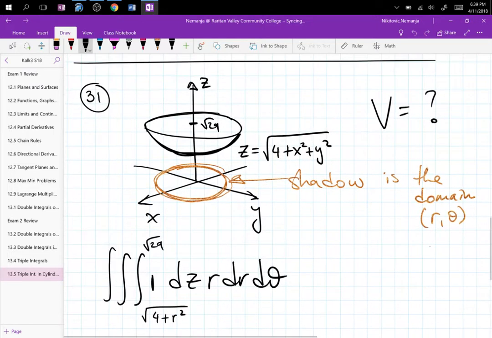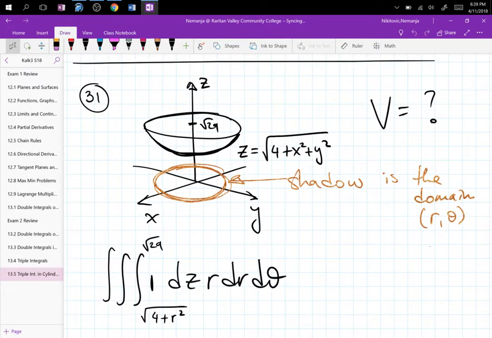Now the next order of business is to figure out the domain. In order for me to do that, I need to know the equation of that circle. Otherwise, we are doomed. And we know that we can get that equation if we eliminate z's from our two equations.